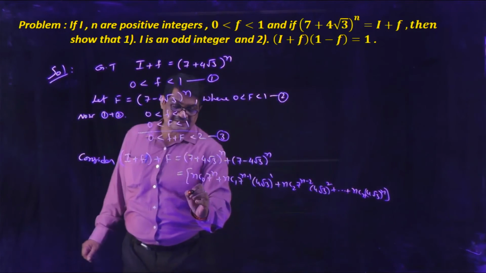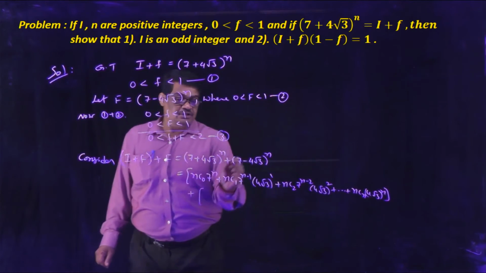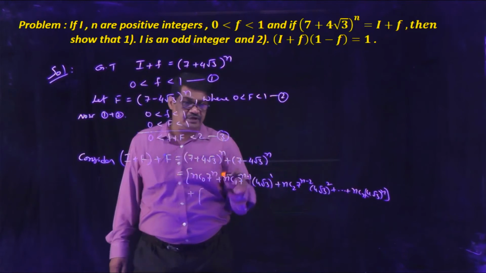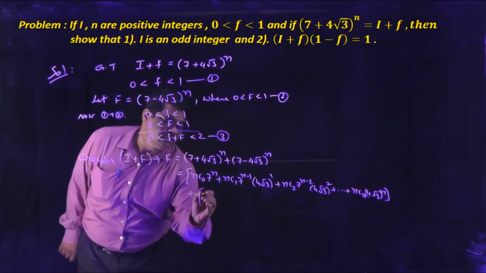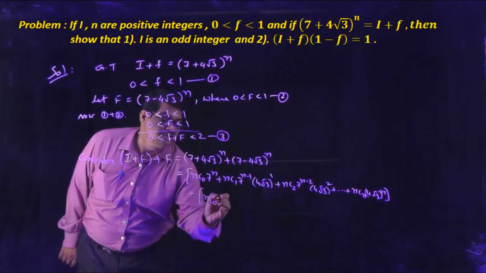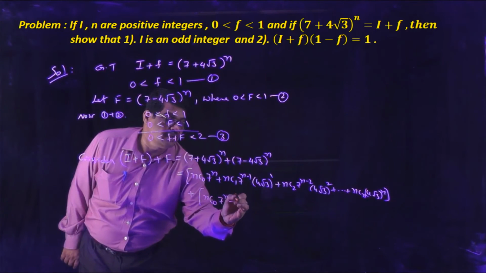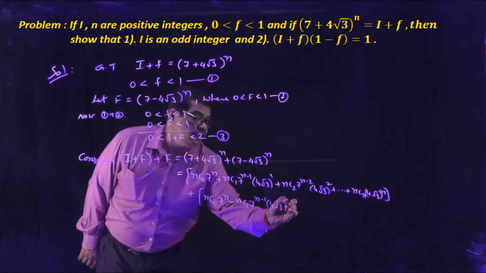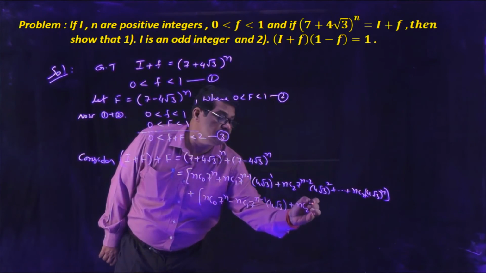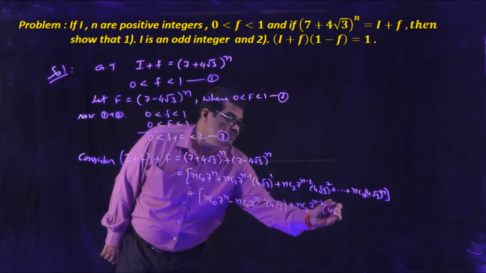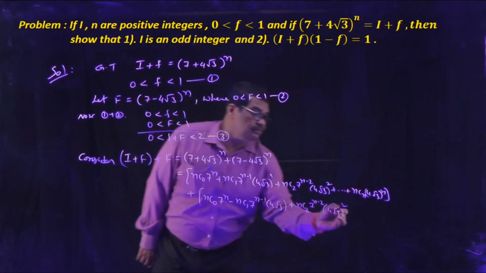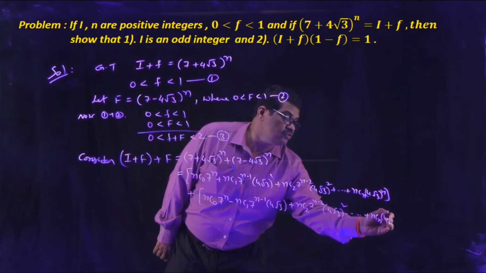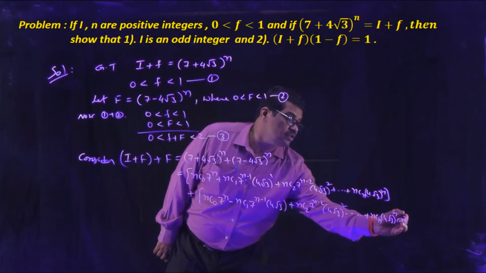Plus, these two are the same, but here it is 7 plus 4 root 3 and here 7 minus 4 root 3. We are getting plus and minus alternately in this expansion. So nC0 7^n minus nC1 7^(n minus 1) 4 root 3, plus nC2 7^(n minus 2) (4 root 3)^2, and so on, alternately, up to nCn (4 root 3)^n into (minus 1)^n.